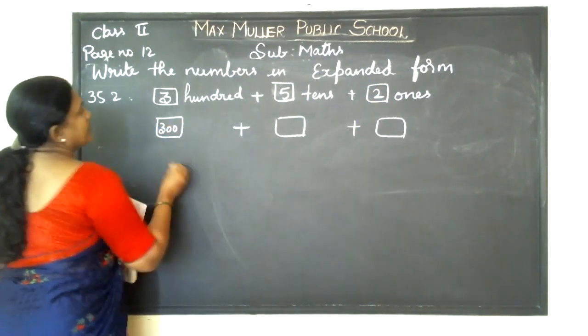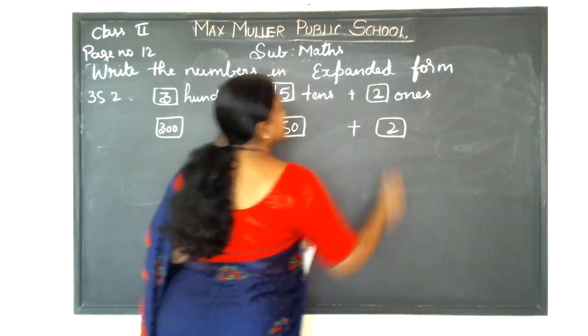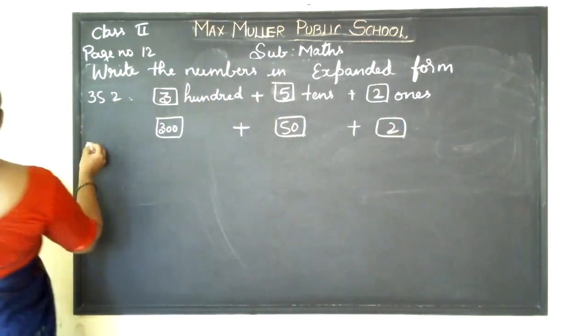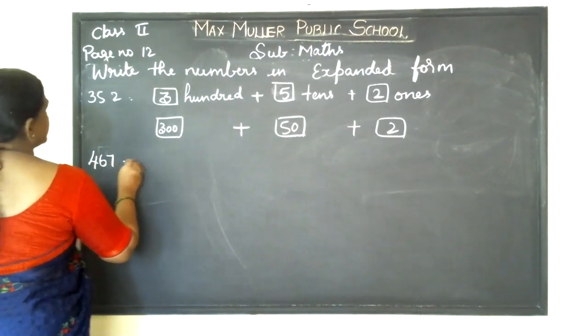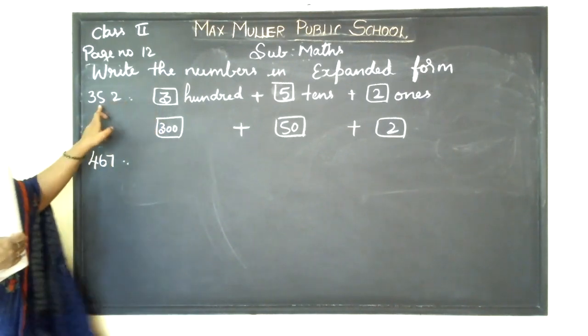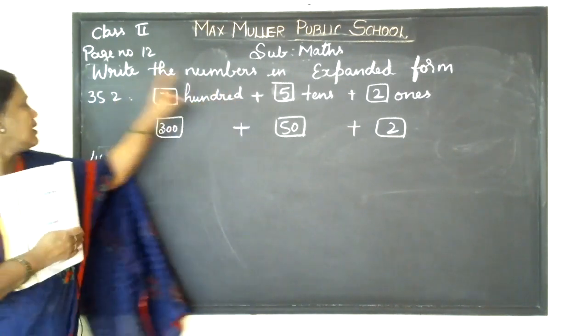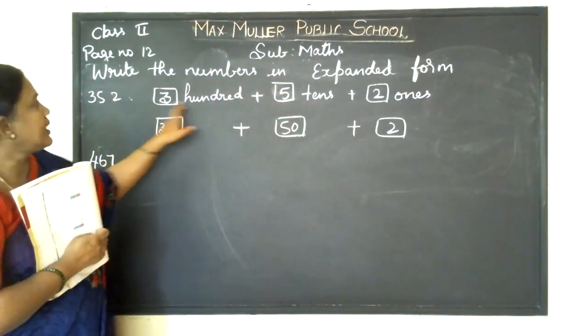300 plus 50 plus 2. 467. Next one. See, 3 is in the hundreds place, so we wrote 3 here. 5 is in the tens place, we wrote 5 here. 2 is in the ones place, 2 written. In numbers, how to write 300?